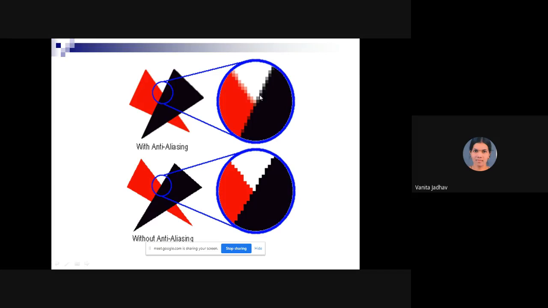So this is called as a staircase effect. So this is nothing but the aliasing. So this is the major disadvantage in case of raster scan display.